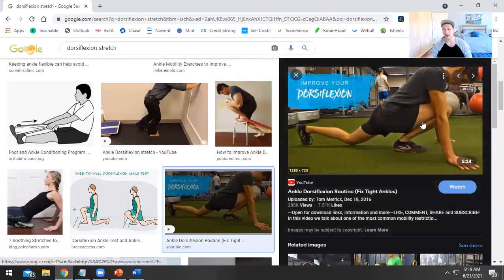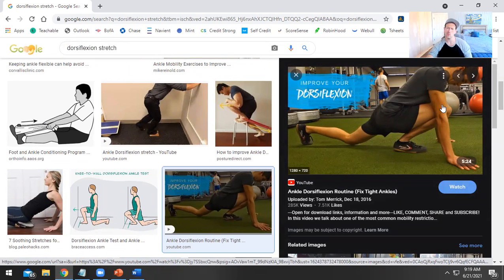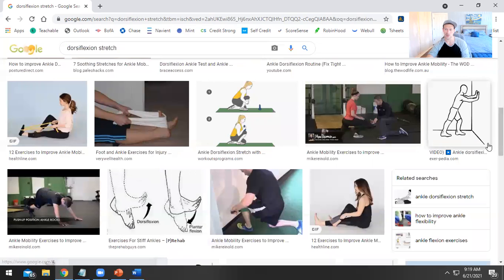But this version here, I really like, where you just drive your heel into the floor, bring your knee way, way, way over past your toe. I know that is often a no-no in our industry. We're often telling people to not put their knees past their toe, but that's much more about proper squat form than anything. This is a stretch. This is not going to put you in such a level of stress that you're going to get any aches and pains here. Really great for improving that dorsiflexion.